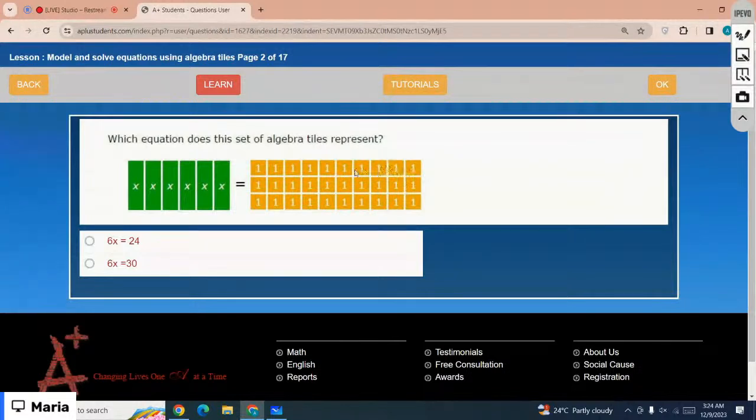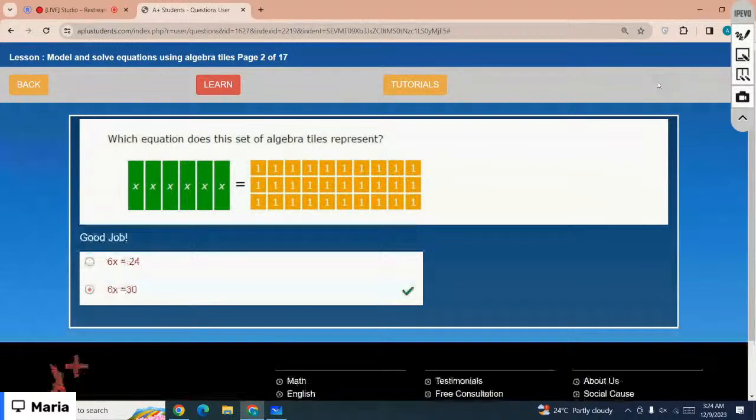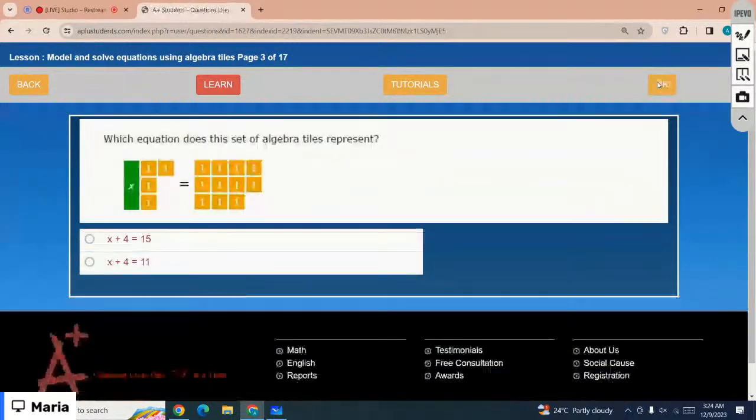Yes, that is 30. Option number 2 is the correct option. Very good. Which equation does this set of algebra tiles represent? Which is the correct option?